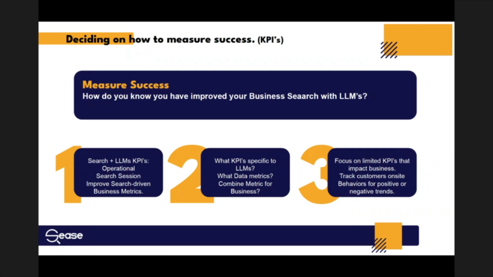Now, how can you effectively decide that integrating a large language model in your search system has improved your search at all? Indeed, to be honest, we don't have much difference in comparison to what you do normally when evaluating your search engine. It's something you should do anyway, even with a lexical search engine. So you should do both offline evaluation and online evaluation.